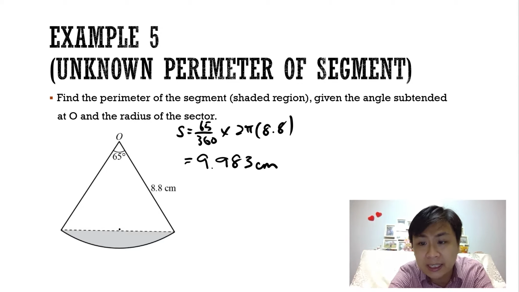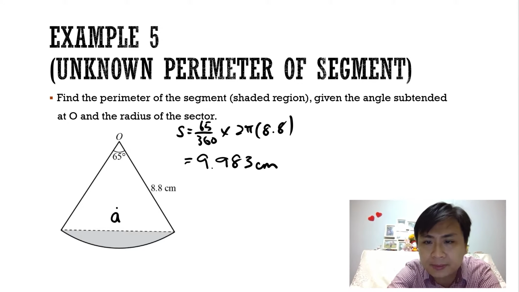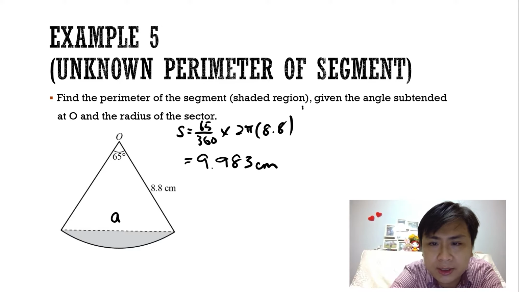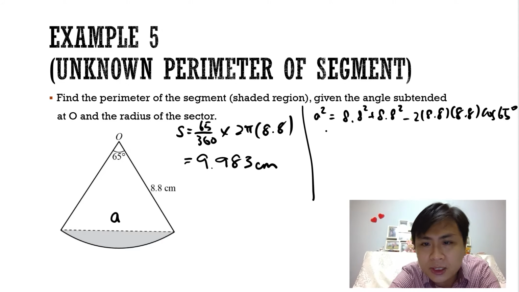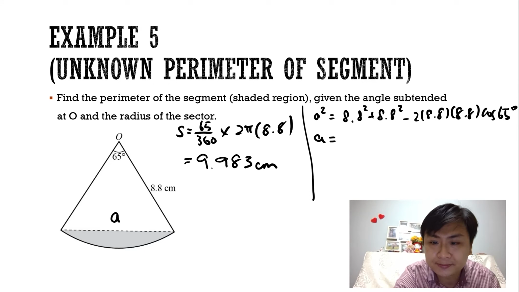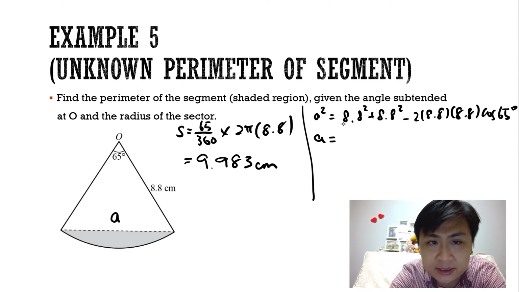Let's call this length A. Then A squared equals 8.8 squared plus 8.8 squared minus 2 times 8.8 times 8.8 cosine 65 degrees. Taking the square root, length A will be 9.456 centimeters.